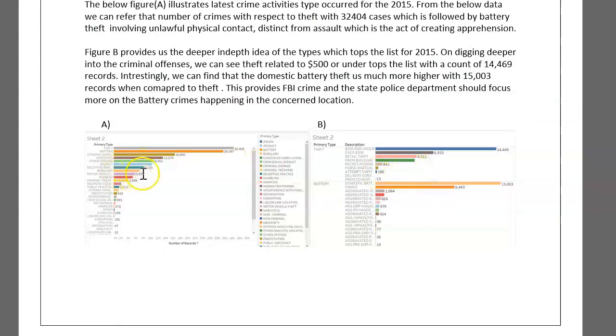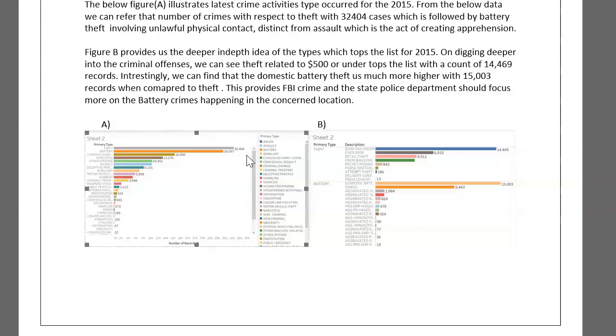This sheet A is particular to 2015, and this sheet B is also 2015, and it shows the subcategory, that is, out of this primary type, which type contributes the maximum theft. If you come back to chart A, for 2015 it's around 32,404 cases for theft, and on the battery it's going to be 29,597 cases.